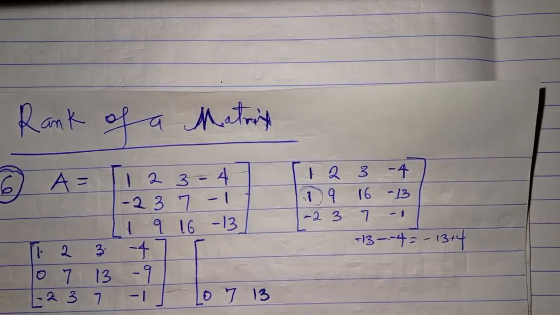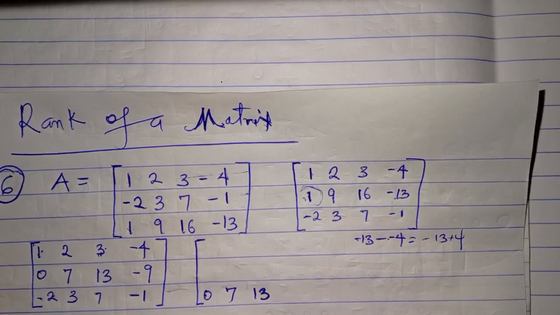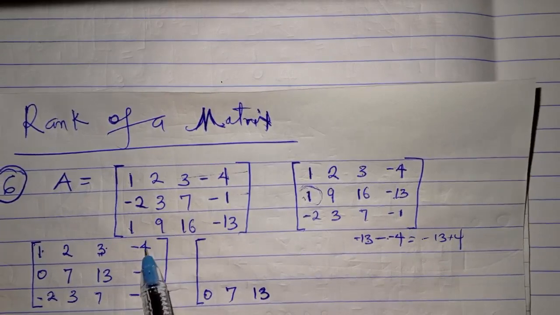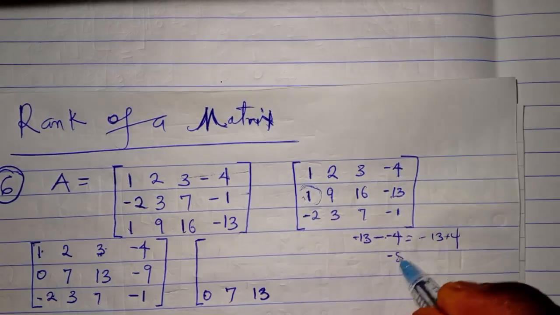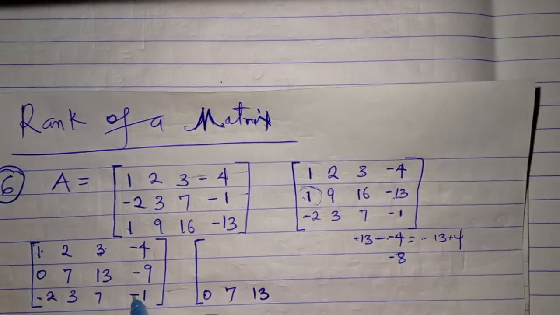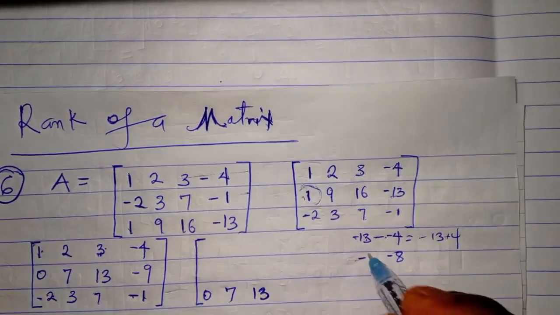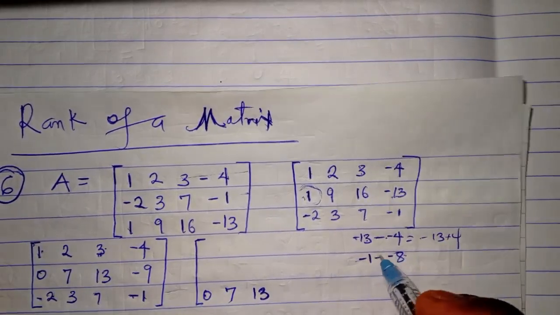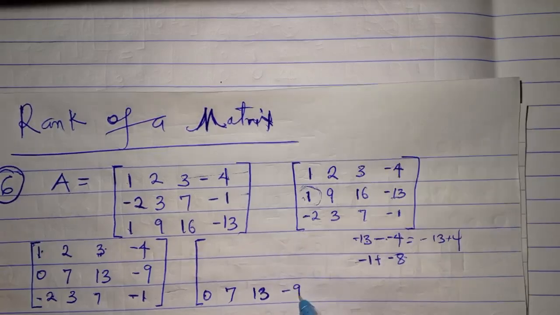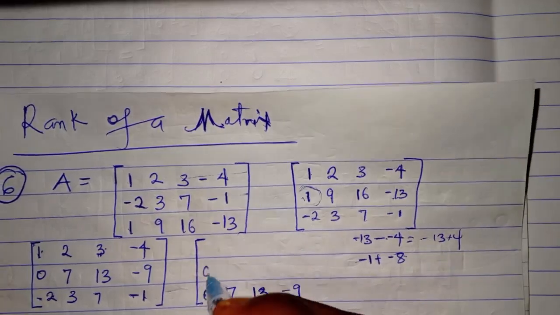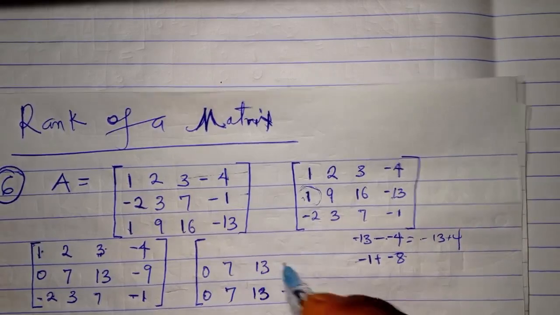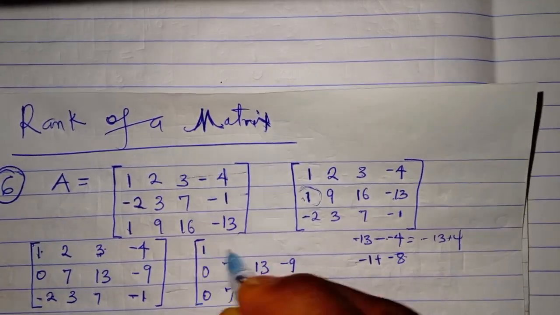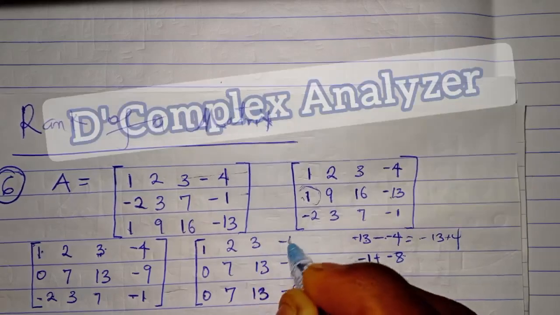If I times this by 2, that will be minus 8, so minus 1 plus minus 8 is minus 9. The entries become 0, 7, 13, minus 9, 1, 2, 3, minus 4.